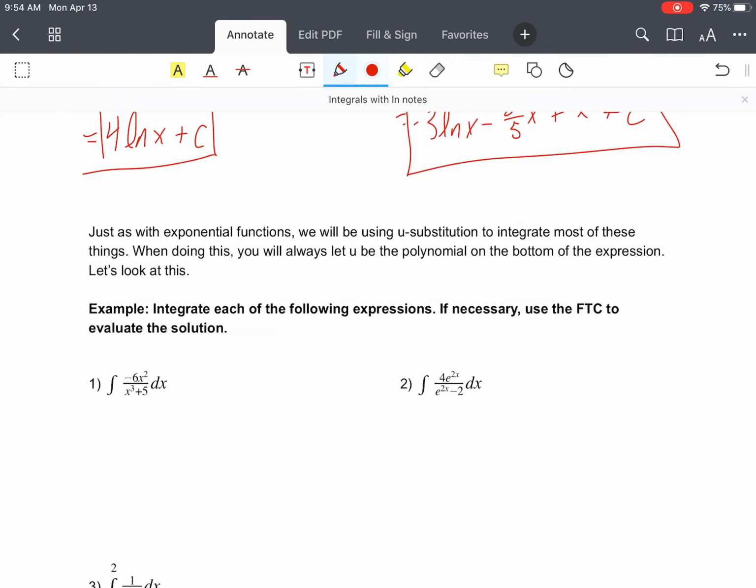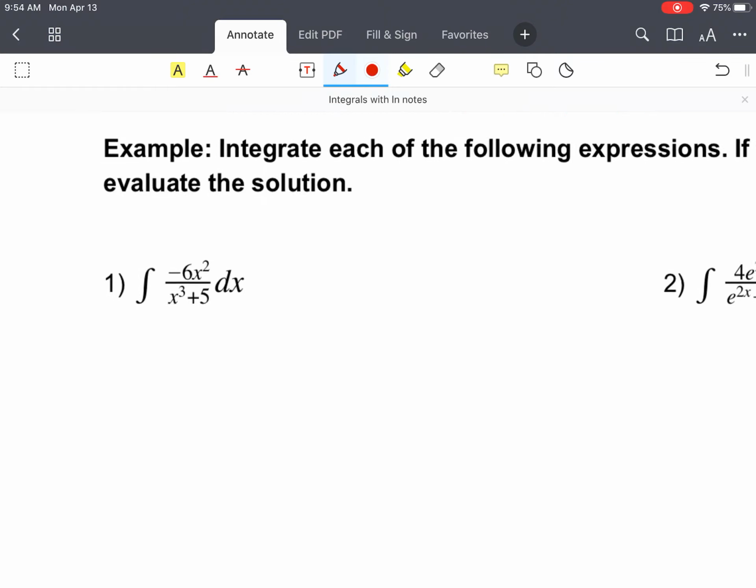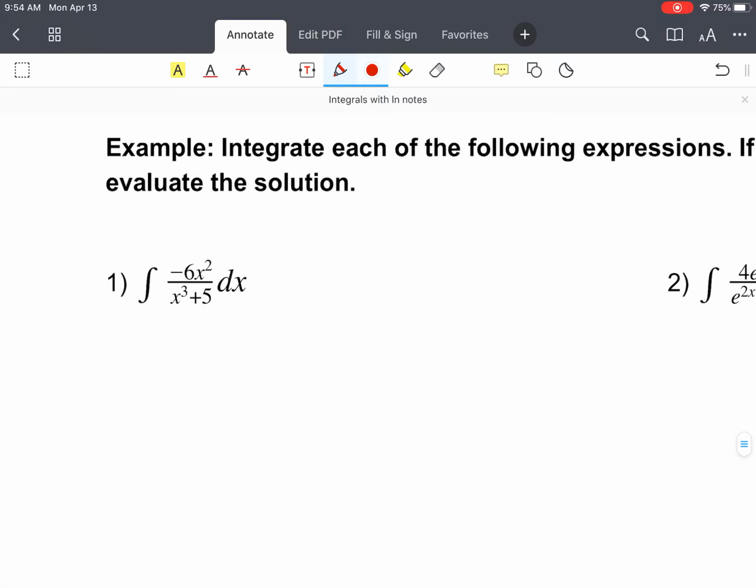Moving on, of course, it's not always going to be that easy. Just like exponential functions, we're going to have to more often than not do substitutions. u is always going to be the thing that's on the bottom. So here we go. When I look at this, I see that the bottom has a power that's 1 more than the top.